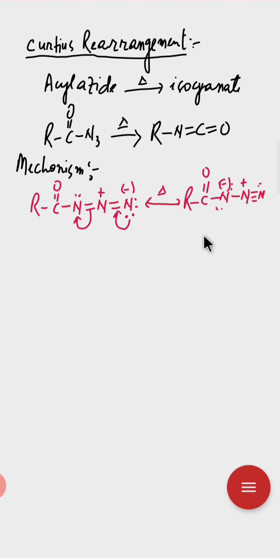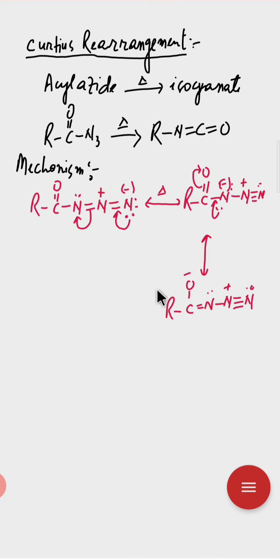Now when these two electrons form a pi bond here, this pi bond will be broken, and we will get R C single bond O, and this oxygen will carry a negative charge. There will be a double bond here, nitrogen, and then nitrogen plus triple bond nitrogen with a lone pair of electrons like this.